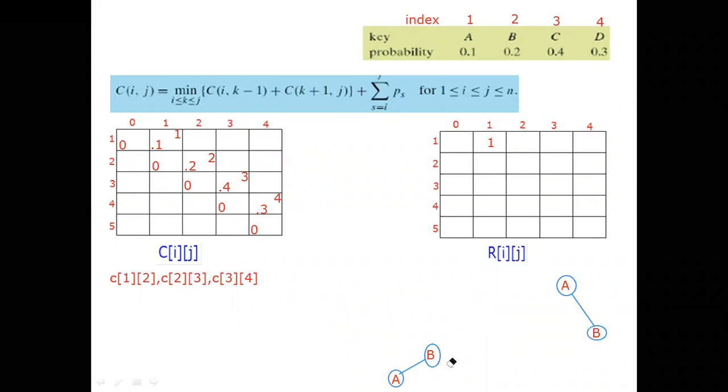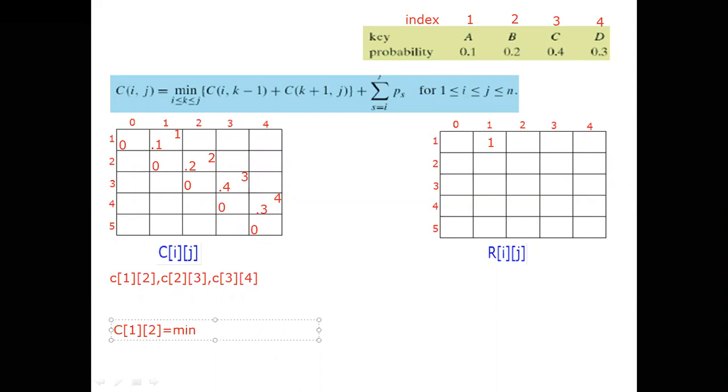I will solve C of 1, 2 first so that you will understand everything. C of 1, 2 means 2 keys we are getting, right? First I will write it. Minimum of, why minimum I will explain.